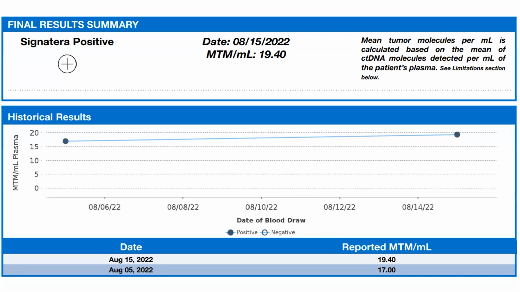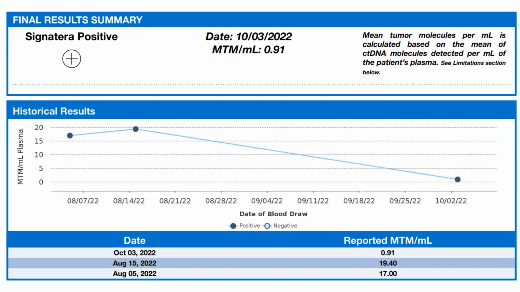At this point, he started his 5 weeks of radiation therapy, 5.5 weeks, and he finished at the end of September. On October 3rd, he had his first post-radiation blood draw. He was given the radiation with concurrent 5FU chemotherapy.